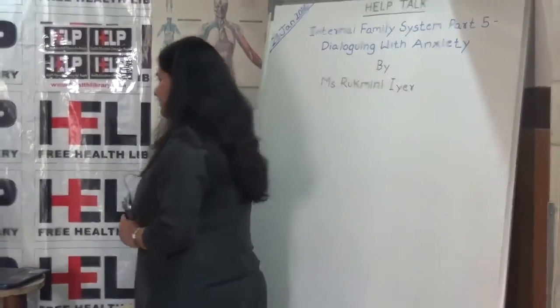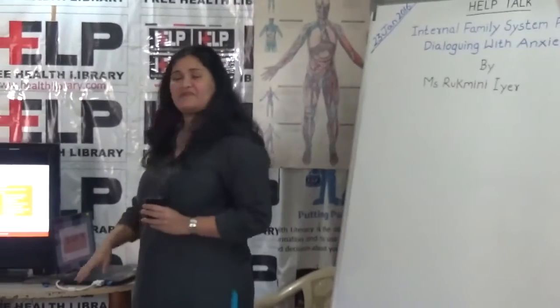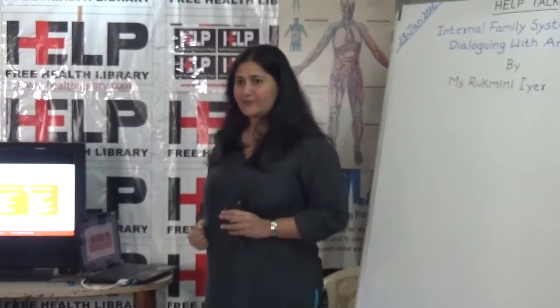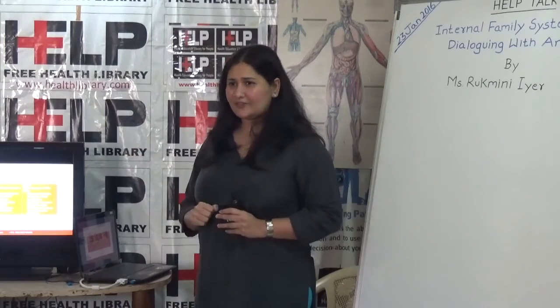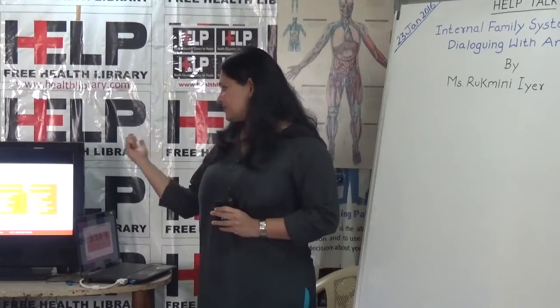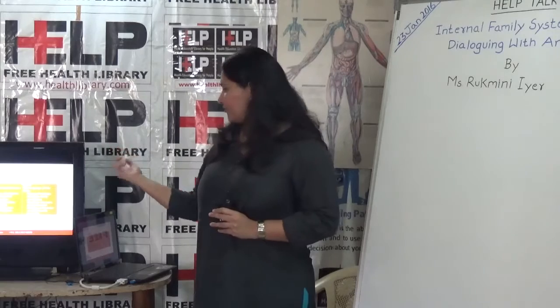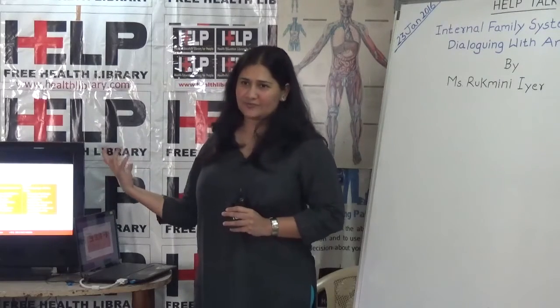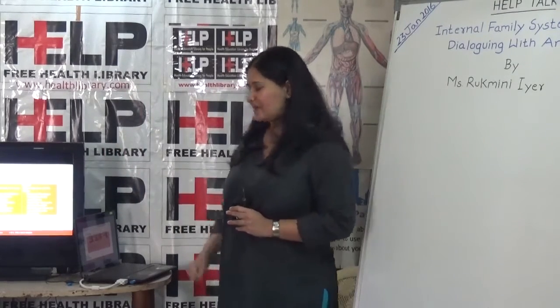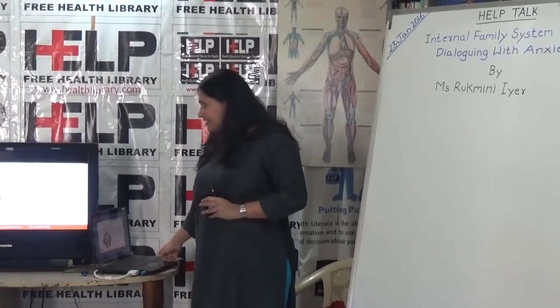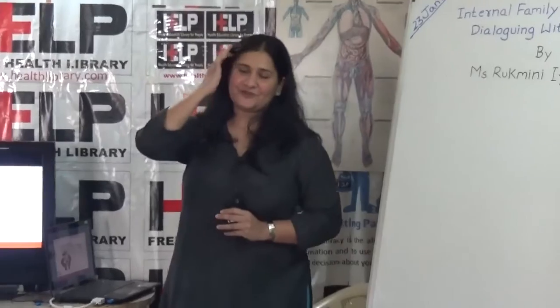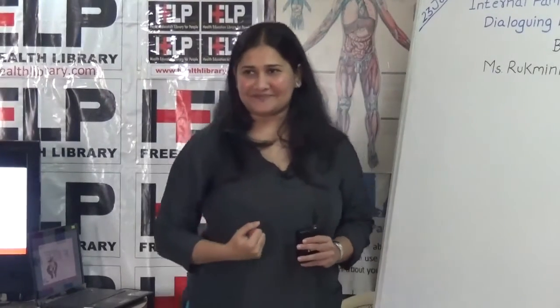So using the language of the parts is a very powerful process, and I would certainly encourage all of us to really work more towards it. You can also refer to part 4 of the IFS talk on YouTube, which explains the language of the parts further in detail. For today, we're looking at one particular part, which is the anxious part.